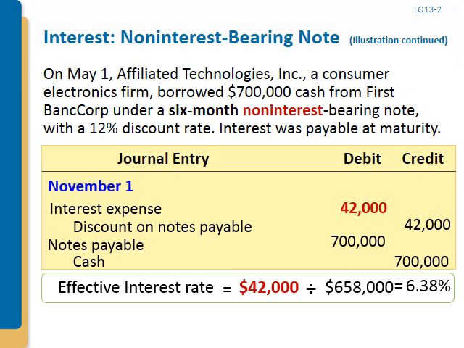That's the rate for 6 months. To annualize, take the 6.38% times 12/6, or 2, which equals 12.76%. See how the annual effective interest rate of 12.76% is greater than the stated rate of 12%? This is found in illustration 13-3.